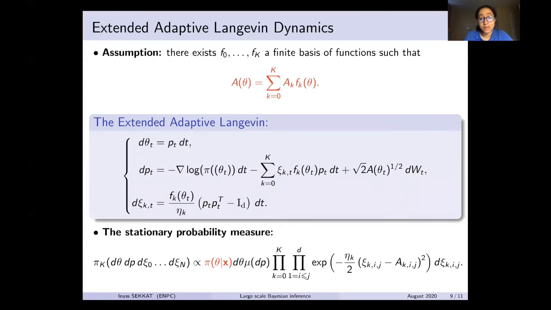The extended adaptative Langevin dynamics is then given by the following SDE, where we add K minus 1 additional matrix equations to the adaptative Langevin dynamics. Using the extended adaptative Langevin dynamics allows us to sample from P whatever the value of A is, as long as we can decompose it in a finite basis of functions.